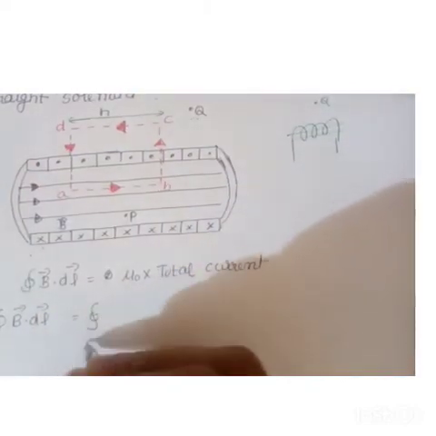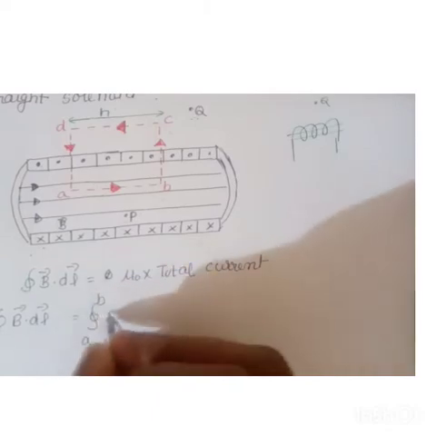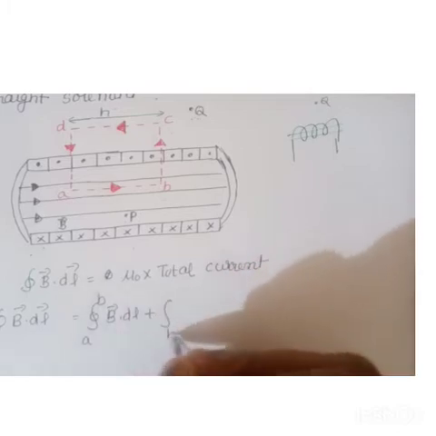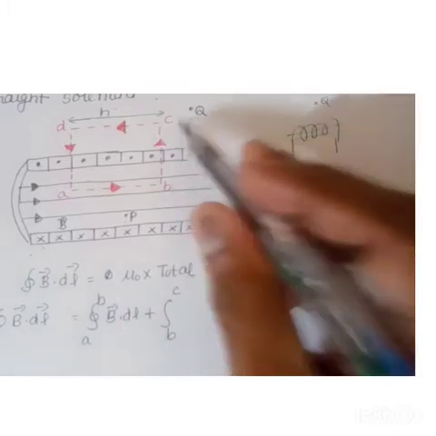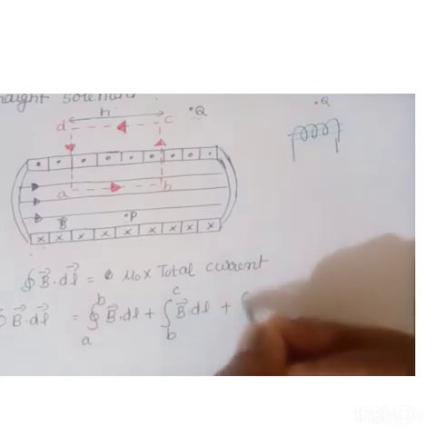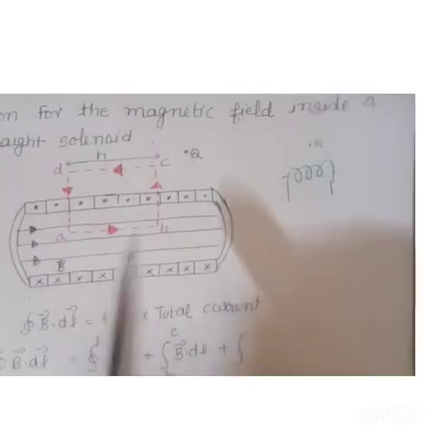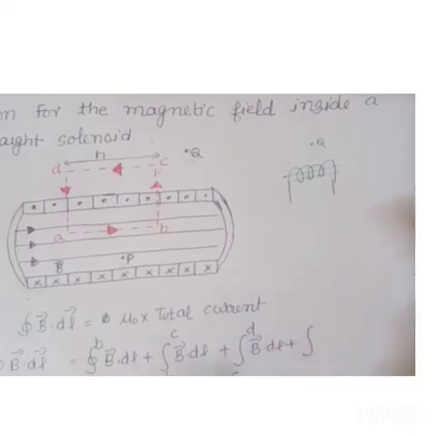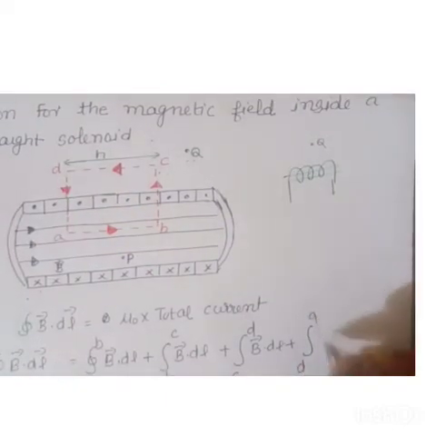This becomes integral A to B, B dot dl, plus integral B to C, B dot dl, plus integral C to D, B dot dl, plus integral D to A, B dot dl.